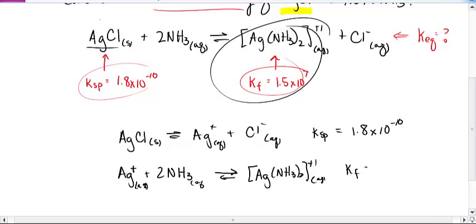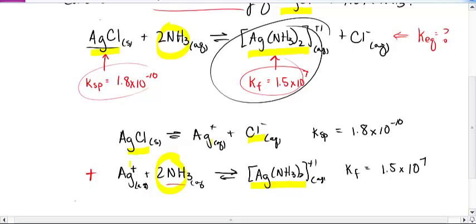And this K of formation is, as I told you, 1.5 times 10 to the 7th. So here's where this comes into play. Since we have 2 equilibria, and everything here matches up to something. Now, the silver doesn't, but that's going to cancel out, if you notice. Here we've got the complex ion, the chloride, the silver chloride.